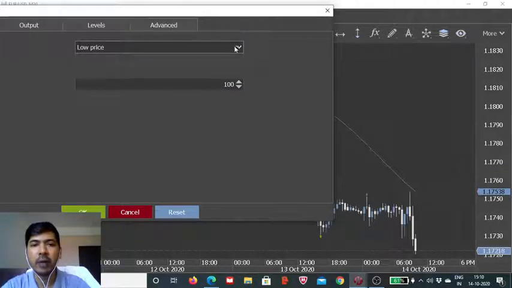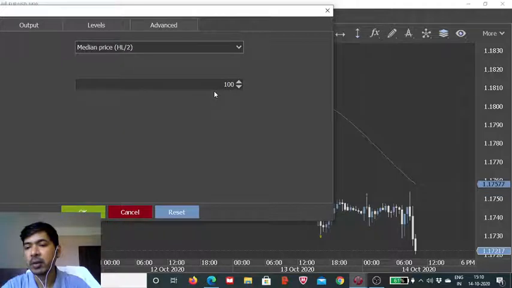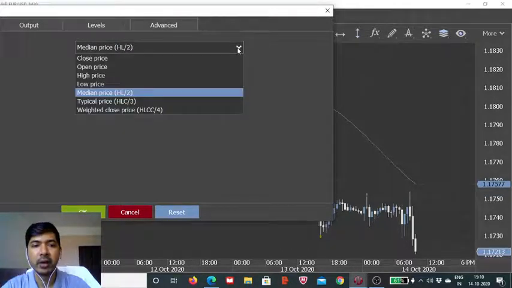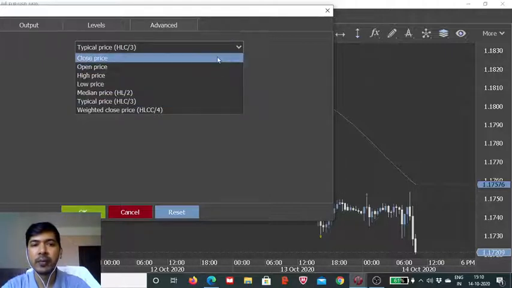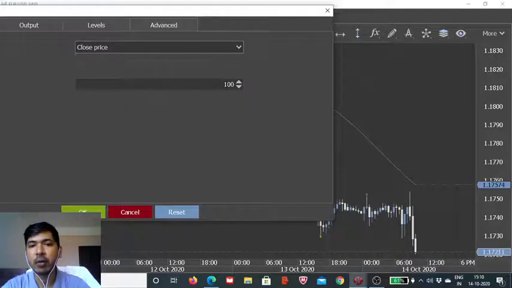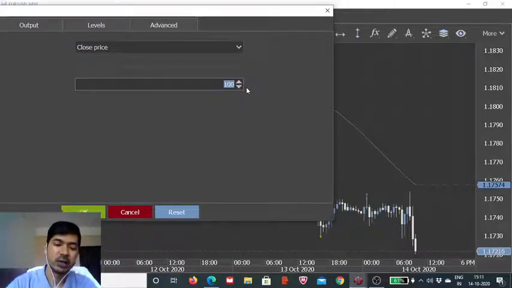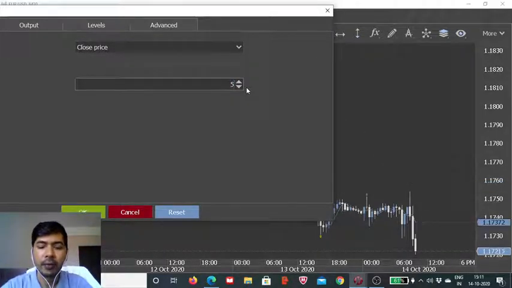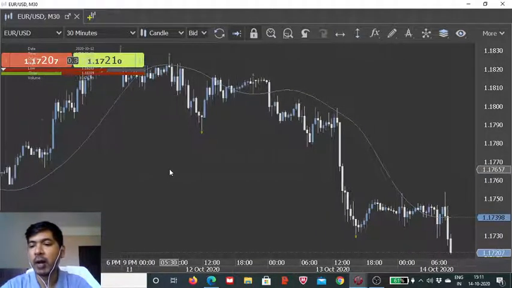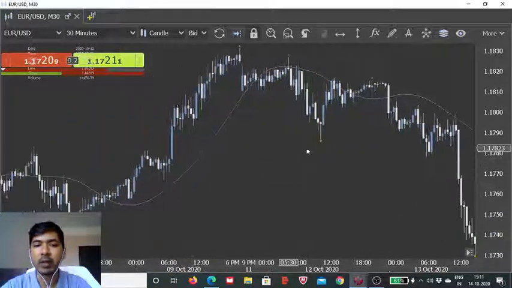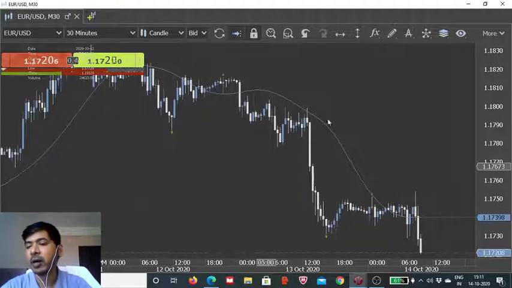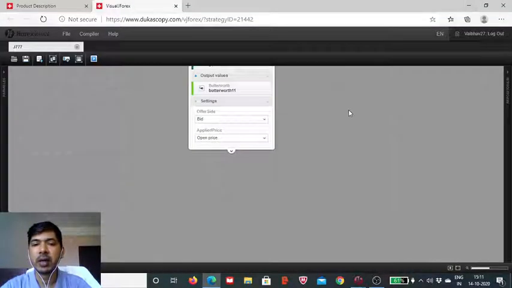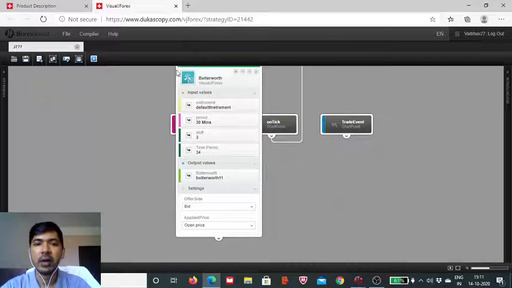Here it has gone down. Median price will look something different, and so will the typical value. So depending on the applied price for calculation of the Butterworth filter, you will have a difference in the plotting, and that's why it is important to see what is the most appropriate setting while taking into consideration the type of price which will be used for this indicator block.